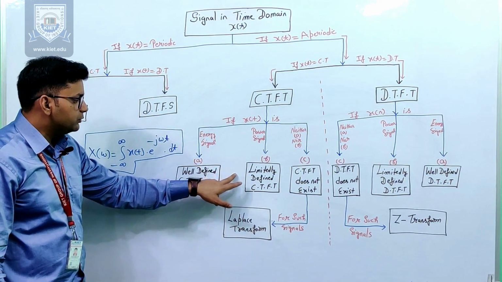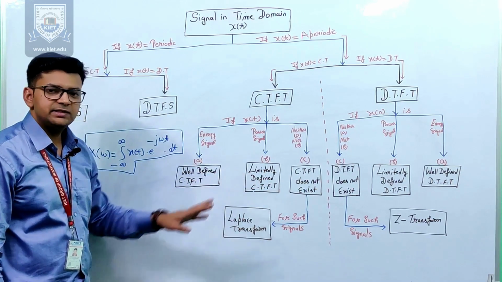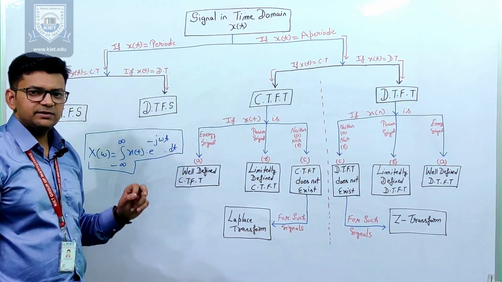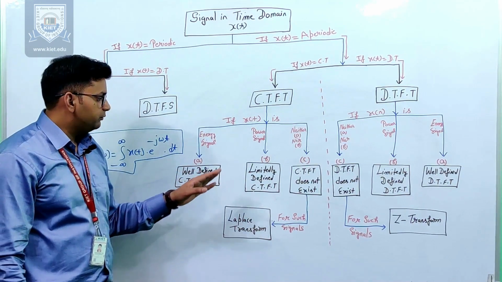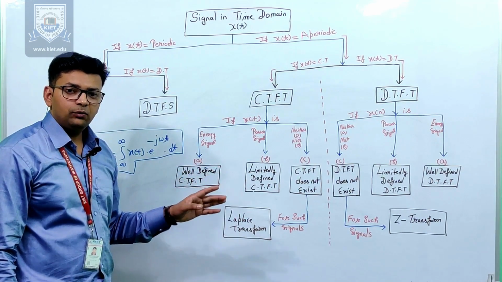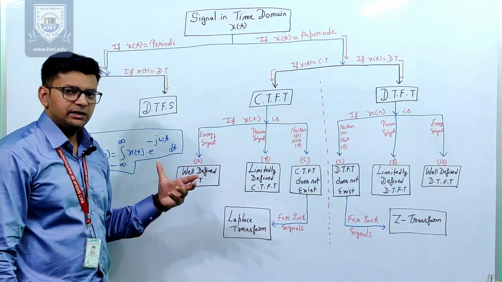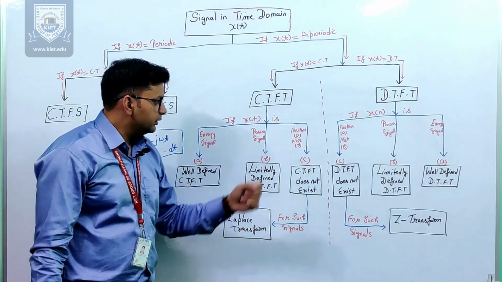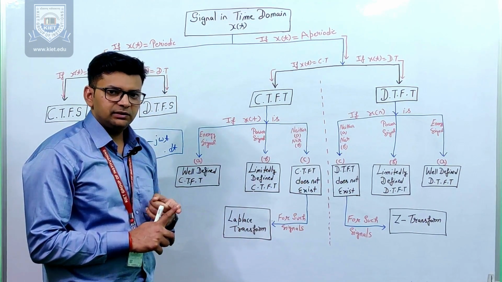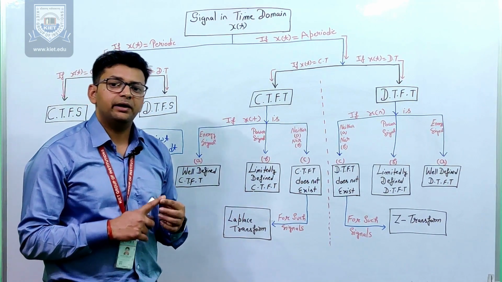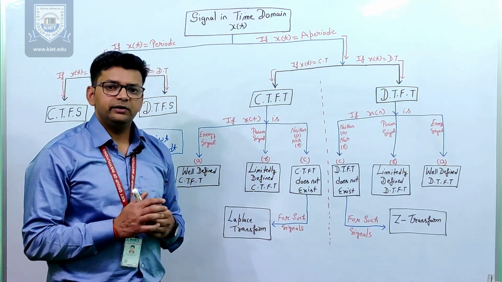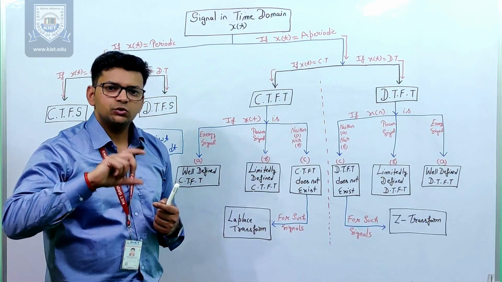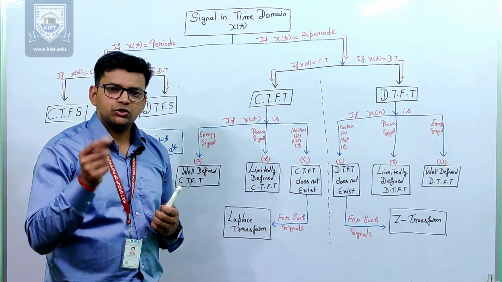That's why I use here a word limitedly defined CTFT, means if the signal is power signal, or we can say if signal is not absolutely integrable, for such signals we can calculate its frequency domain representation with the help of some properties, okay? Next is, if the signal is not energy signal, not power signal. For example, my ramp signal, unit ramp signal, the signal value tends to infinity as t tends to infinity.